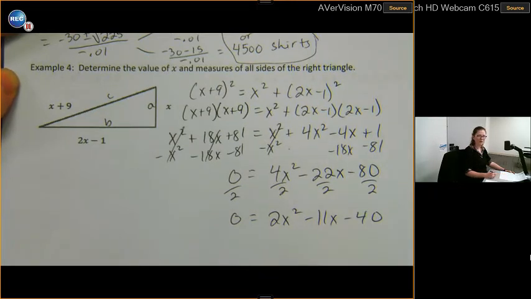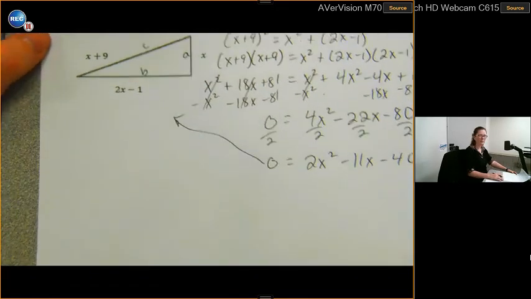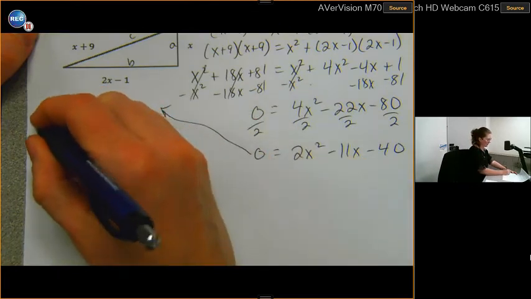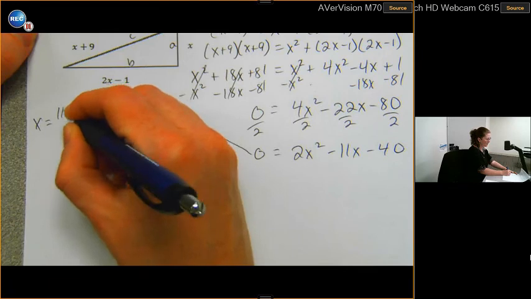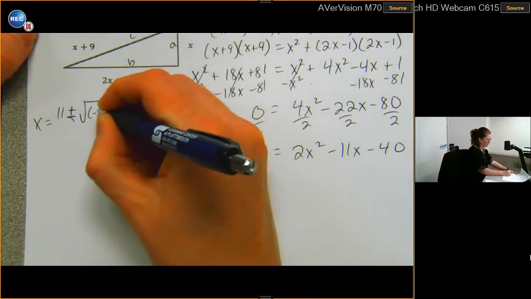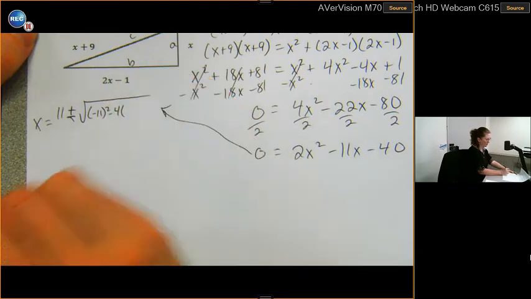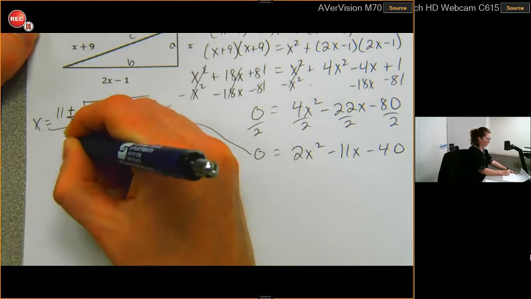And this is where I am ready to use the quadratic formula. So I'm going to take it up over here where I have a little bit more space and plug into the quadratic formula. So the opposite of b plus or minus the square root of b squared minus 4ac all over 2a.